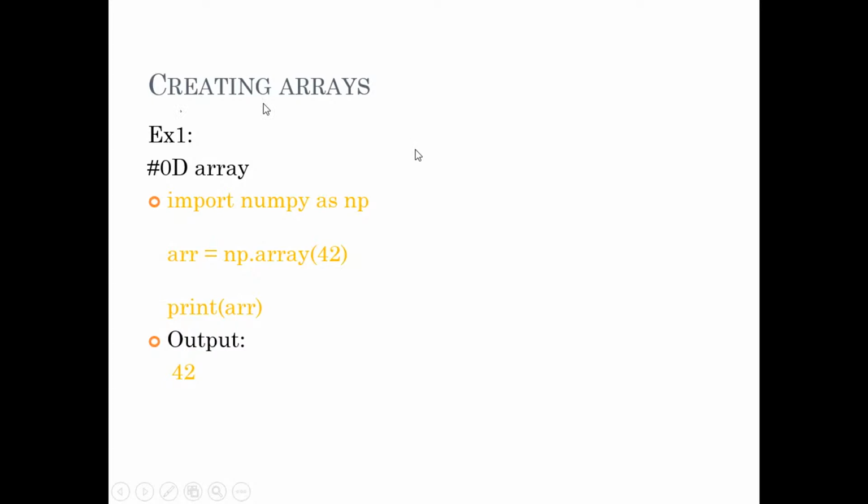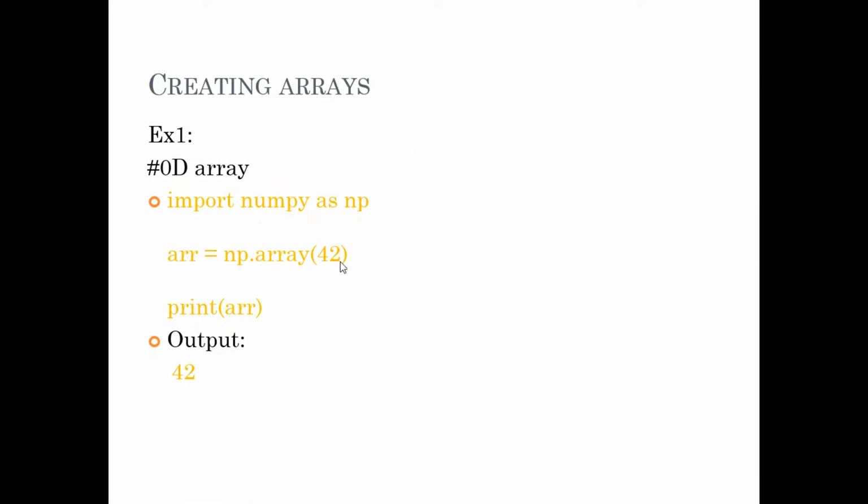We are going to create an array of zero dimensions. You might not have heard of this one, but look at how we can create a 0D array. Import numpy as np, and you can say arr equals np.array, with 42.